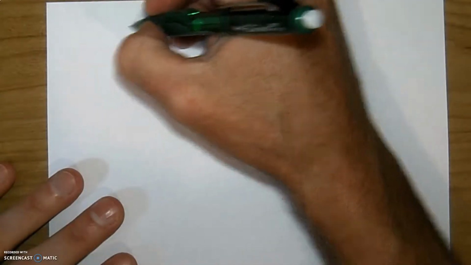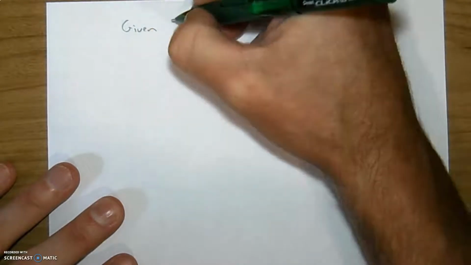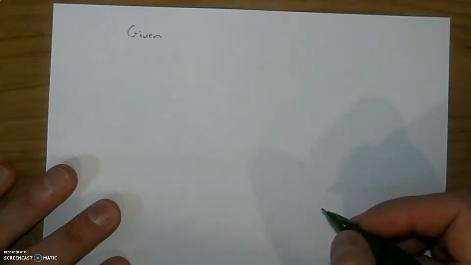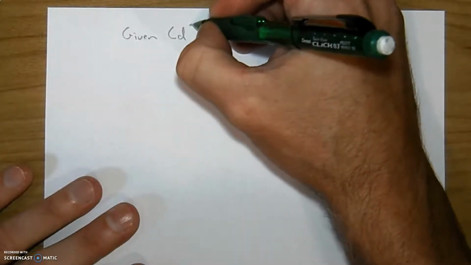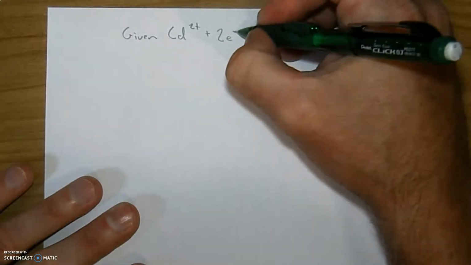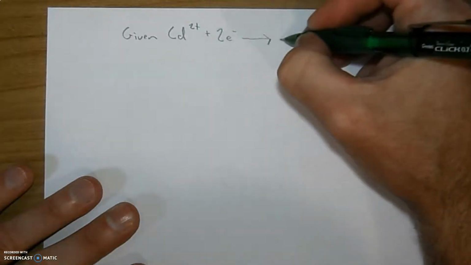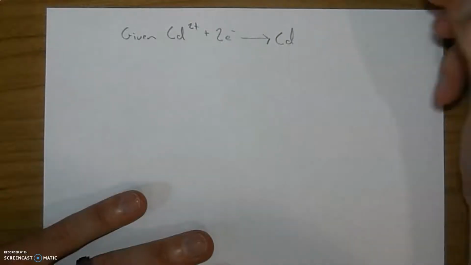For this one, we will say we are given some cadmium, and it's 2+, gaining electrons and forming some cadmium.